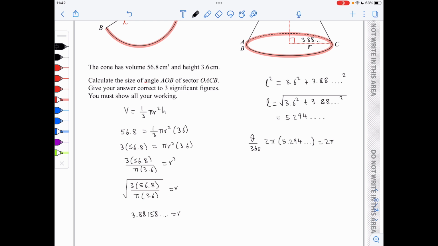It's the circumference of the base of the cone. So we do notice that the 2 pi's cancel out, and therefore theta times 5.294 is equal to 360 times 3.88, leading to theta being 360 times 3.88 over 5.294. So theta is 263.95, which is 264 degrees.